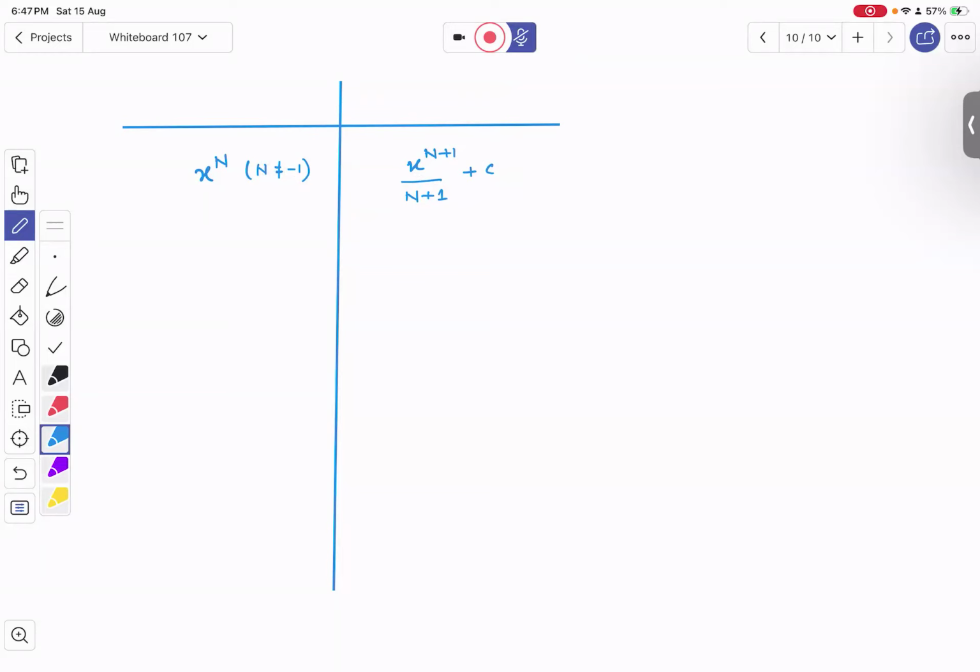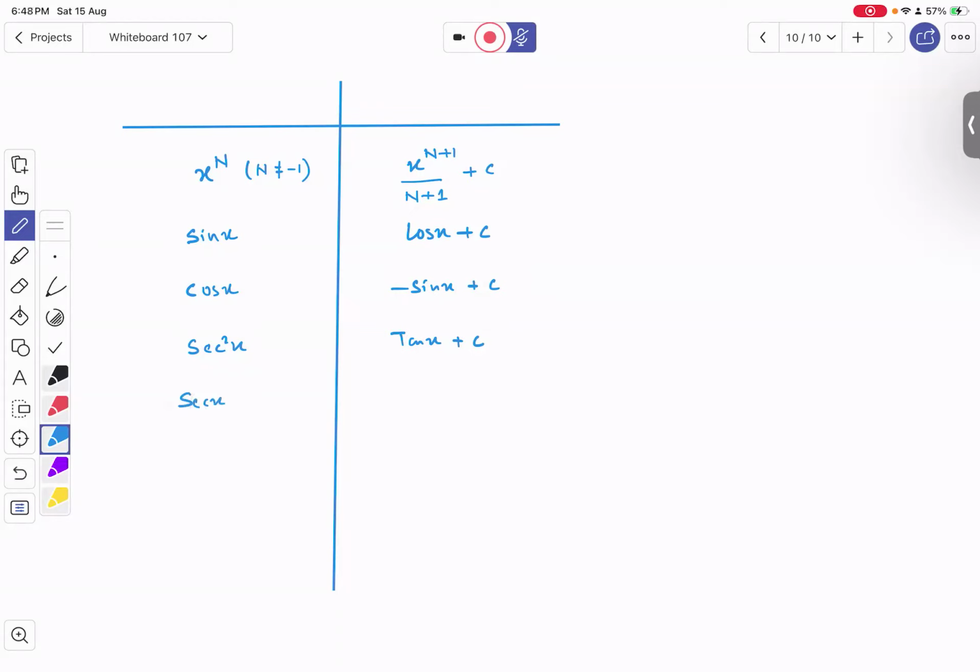That is always there. Integration of sin x is minus cos x plus c. Integration of cos x is sin x plus c. Secant square x is tan x plus c.